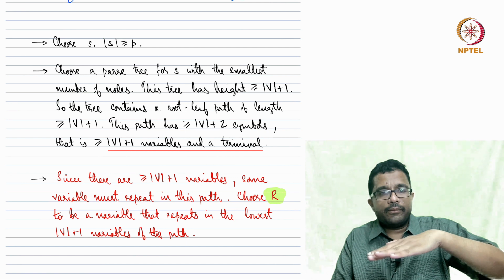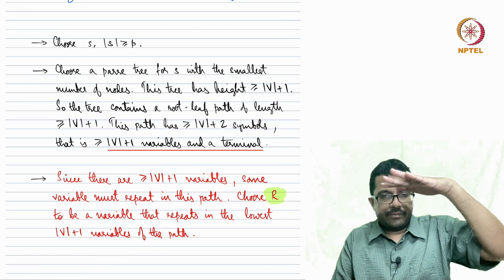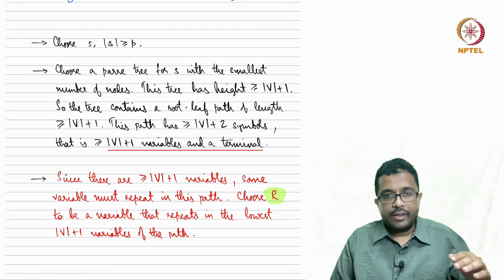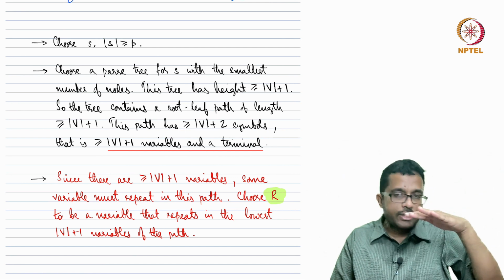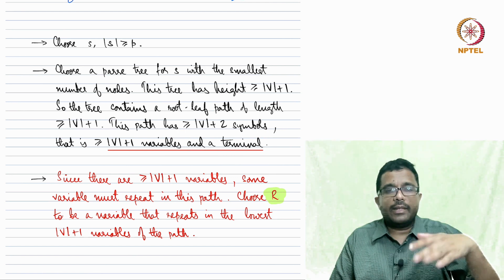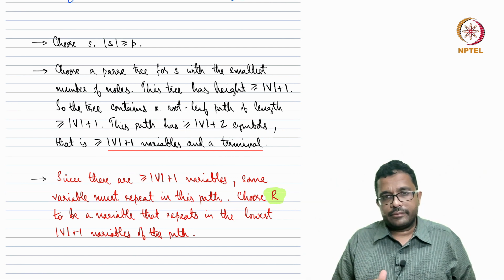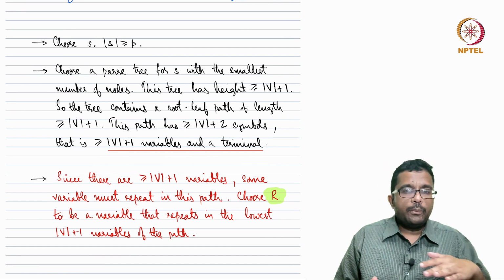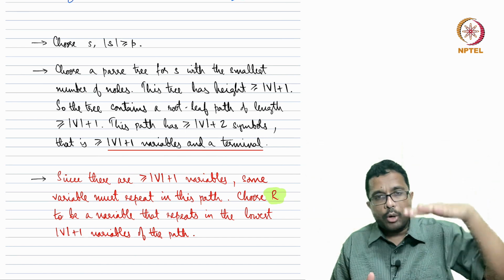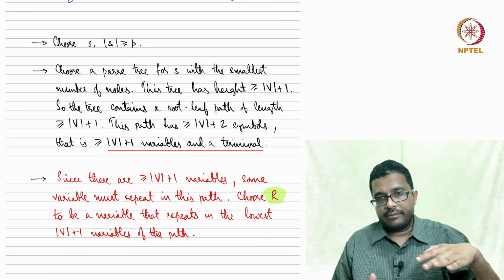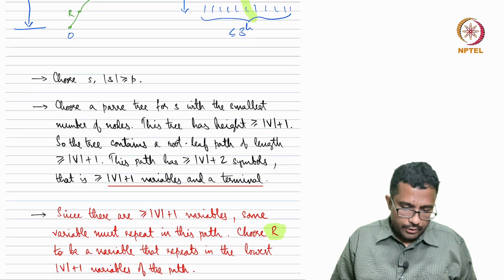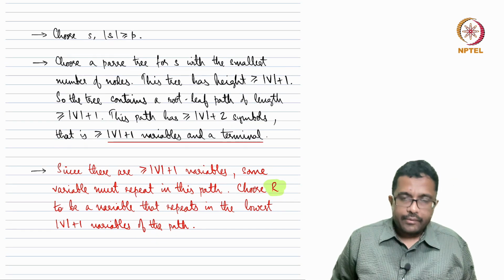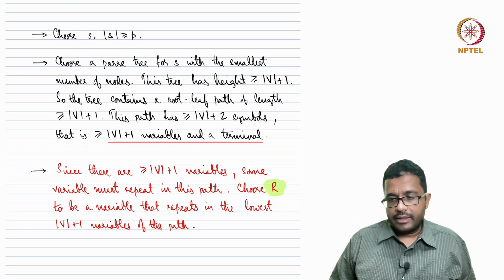From the bottom, you look at v plus 1 variables, not from the top, from the bottom. And from the bottommost v plus 1 variables, you choose a variable that repeats. There could be multiple variables that repeat, but you pick a variable that repeats in the bottom v plus 1 variables of that path. This is how we choose r.